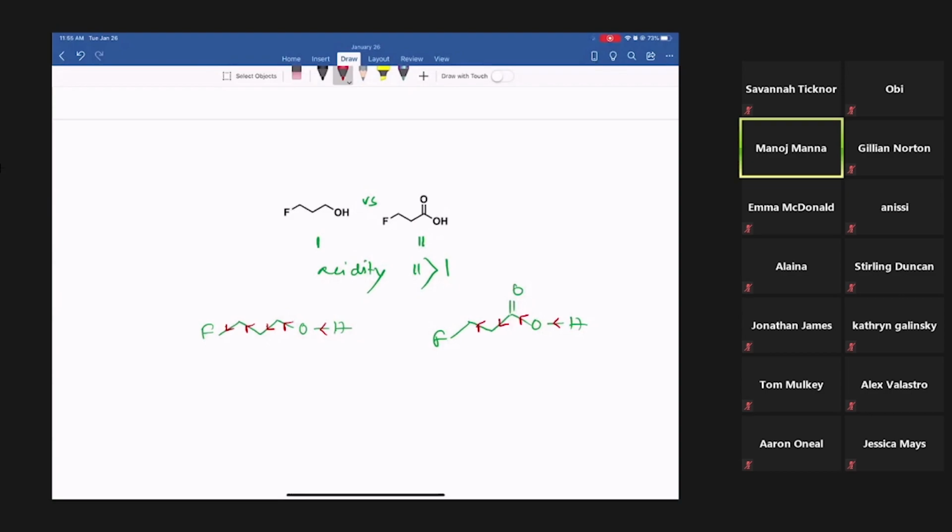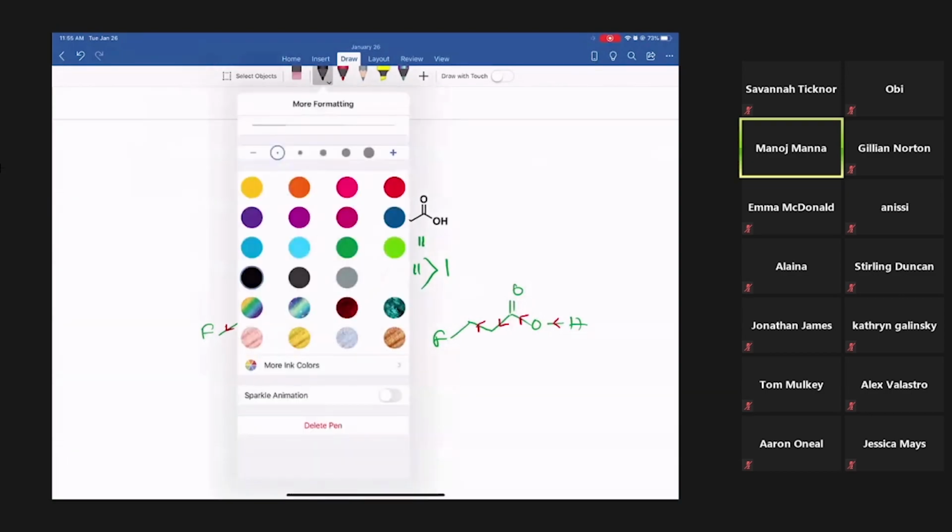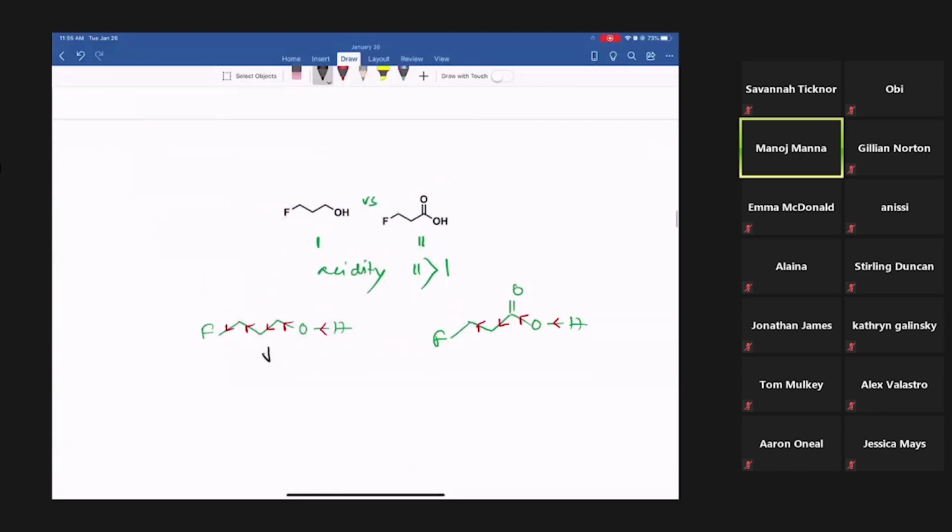Now if we have the inductive effect, after bond dissociation, what we get over here is O minus, F, the acid's conjugate base, and here F, 1, 2, 3, double bond O, O minus, plus H plus, plus H plus. Now consider this is conjugate base 1 and conjugate base 2. Which one is more stable? Anybody?